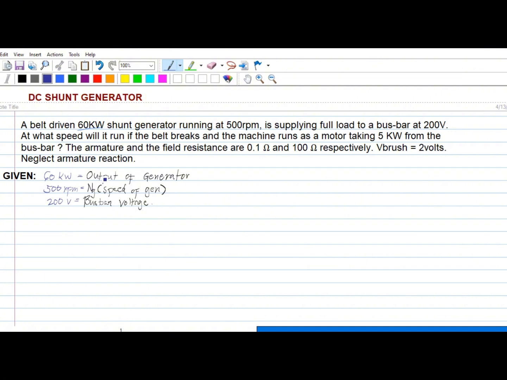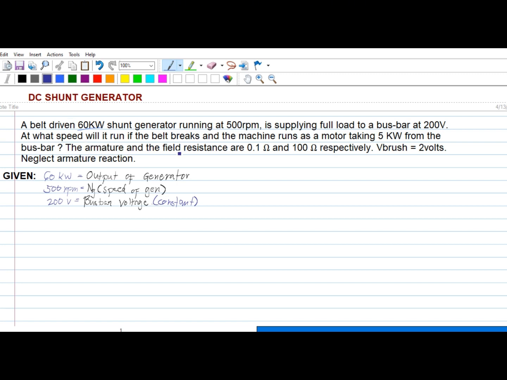When we say bus bar, it is an infinite connection of generators and motors. That's why it must be constant. At what speed will it run if the belt breaks, if it becomes a motor taking 5 kilowatts from the bus bar?